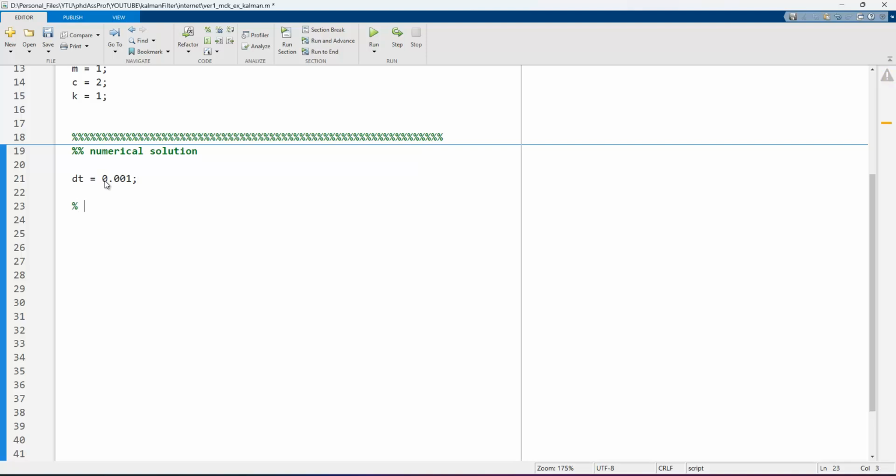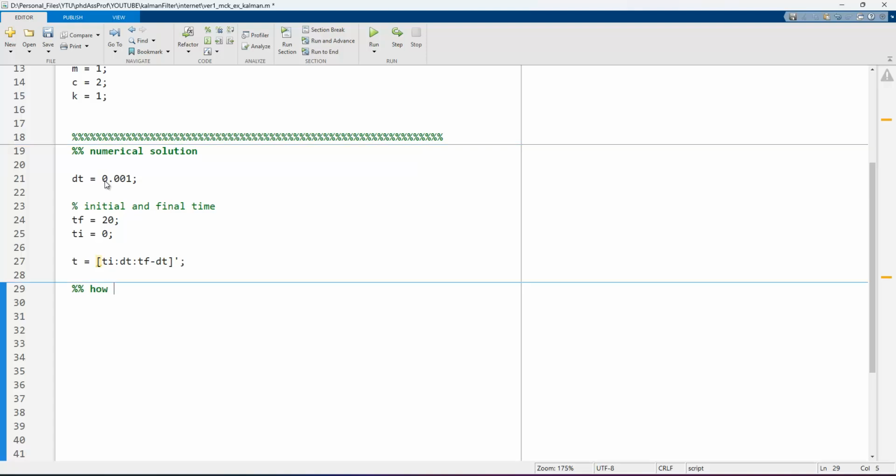Then the initial and final time should be defined. TF is equal to 20, TI is equal to 0. T is a vector, TI : dt : TF minus dt, and we need to take the transpose of this value. After that we need to define how many points are utilized in the loop.